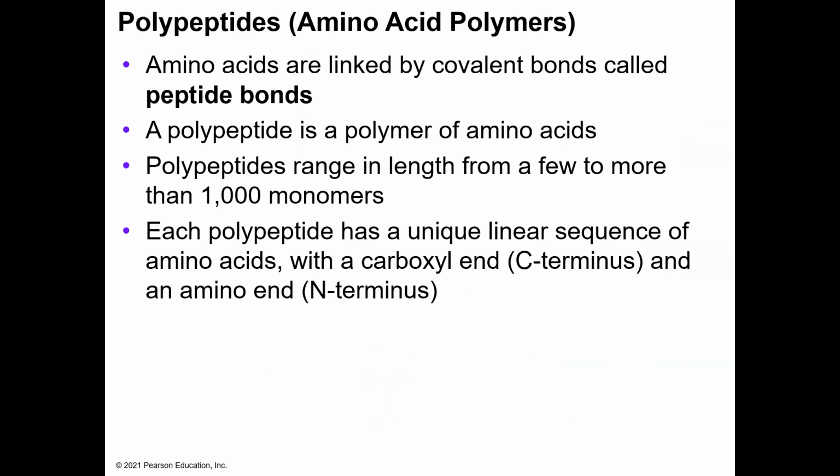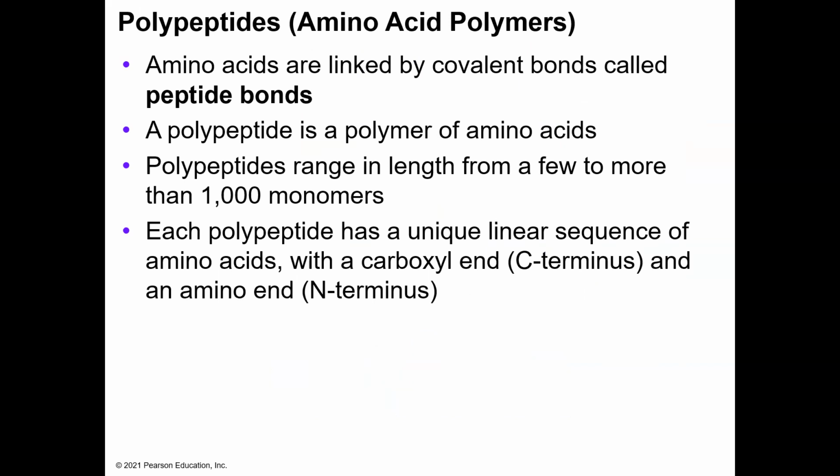Those amino acids can be bound together through peptide bonds, and those are covalent bonds. When they are bound together, they form a polypeptide, which is a polymer of amino acids. These polymers are protein structures.